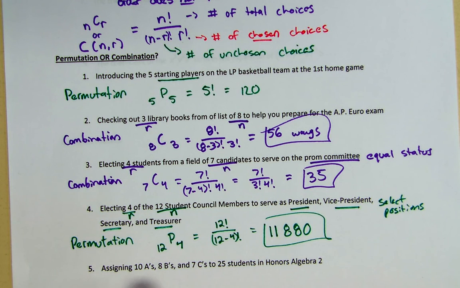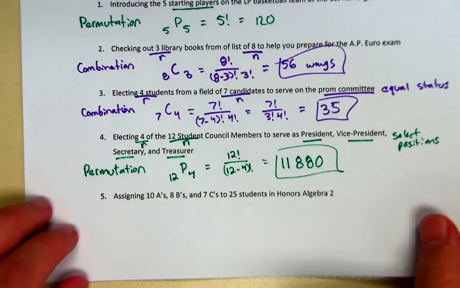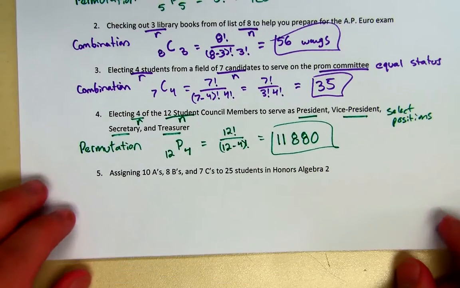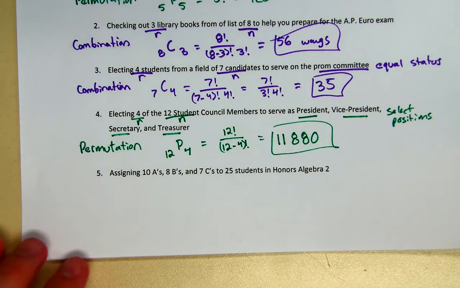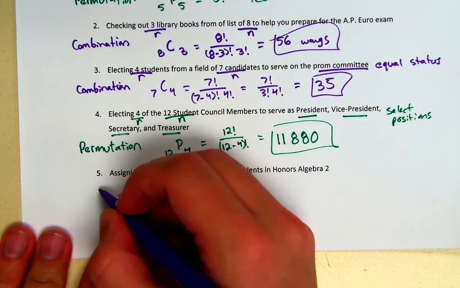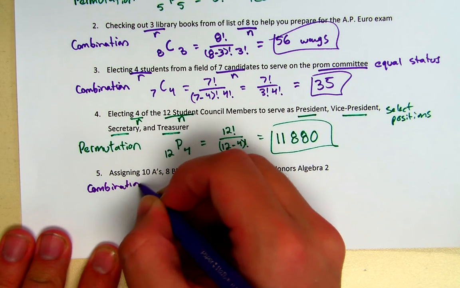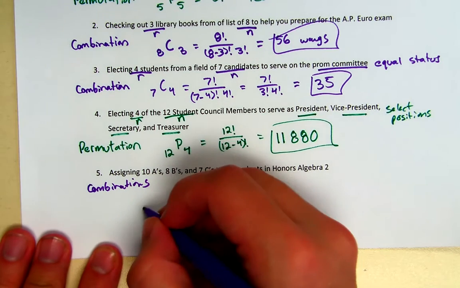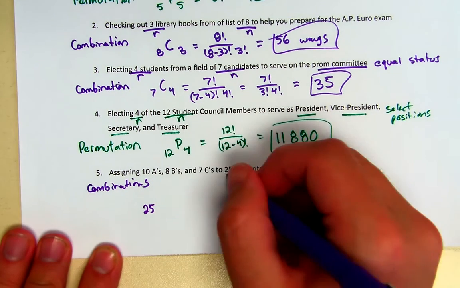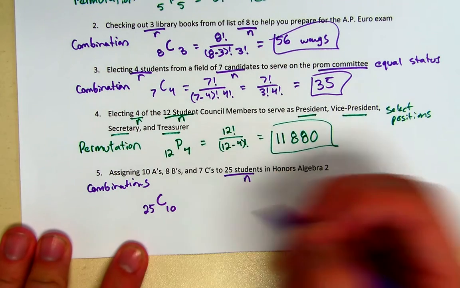Alright, now here's where things get a little bit tricky. Assigning A's, B's, and C's to students. We have multiple things going on. Now, it doesn't really matter the order I do this. So this is combinations. If I want 10 A's, well, out of 25 total people, I'm going to choose 10 A's.